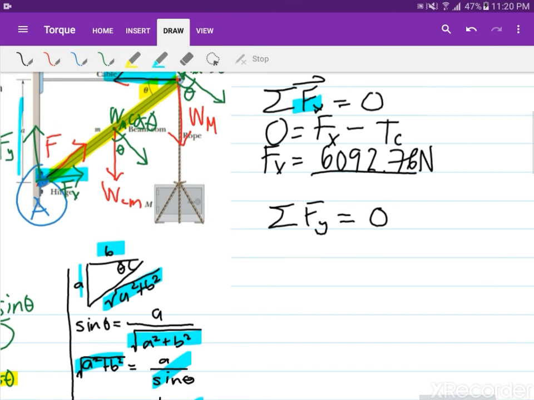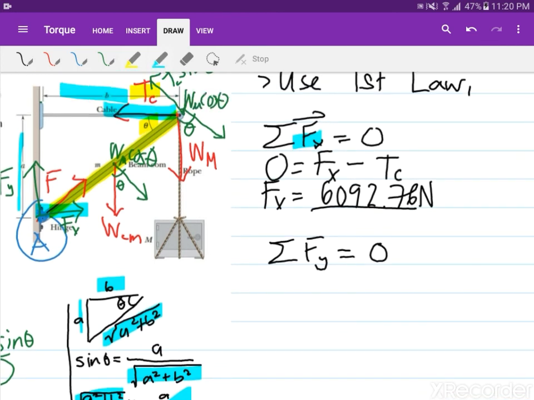Okay, now for Fy, we have three forces that balance out. This force, and this force. So we have Fy, again the y component of our F from the wall, minus the weight of the center of mass minus the weight of the safe.